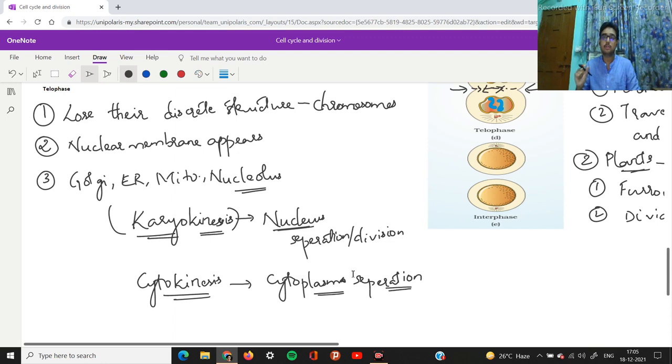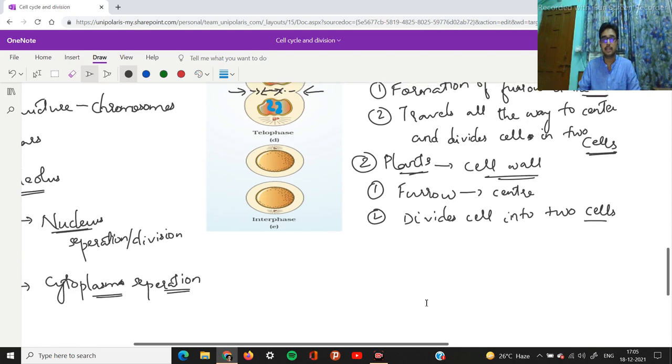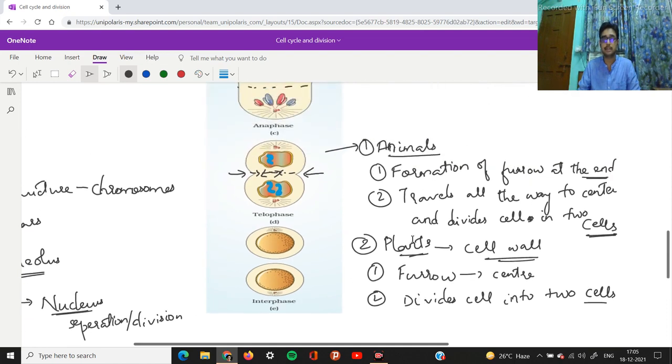Now cytokinesis has to take place, that is the separation of cytoplasm, so that the cell is completely divided, which is different in animal and plant cells. In animal cells, formation of a furrow takes place at the end, travels to the center and divides it into two cells. In plants, because of the cell wall, the furrow starts in the middle and travels towards the end and divides the dividing cell into two cells.